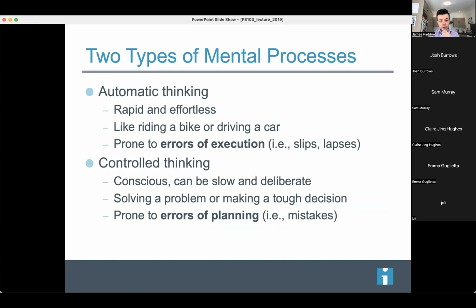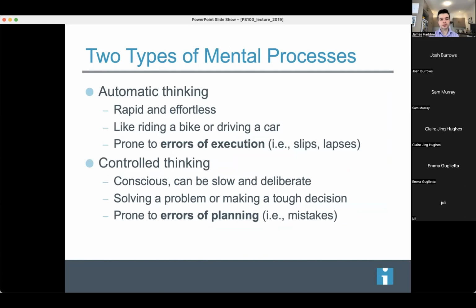So moving on, we've got two types of mental processes that are really important to consider, which is how we make our decisions, because that process inside that box of ours is prone to errors. That's where the errors happen. And there are two types of thinking that have different pros and cons.